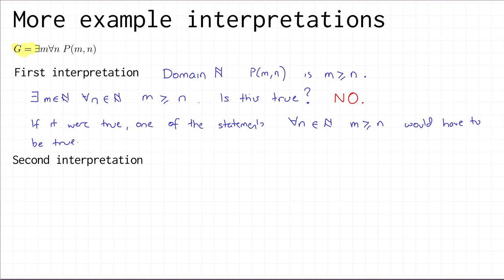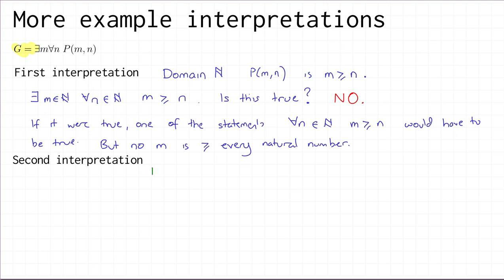So when I say one of the statements, I mean for all possible values of m. So one of the statements where m is some actual natural number would have to be true. But none of those statements are true, because the statement says that m is greater than or equal to every natural number, but there's no natural number which is greater than or equal to every other natural number. So the formula is false in this interpretation.